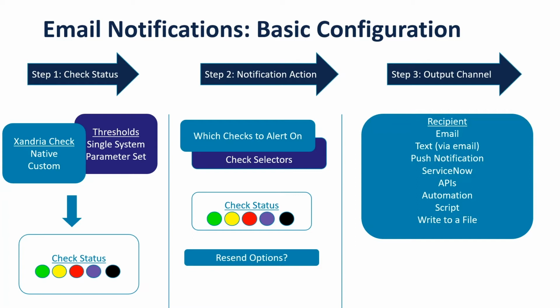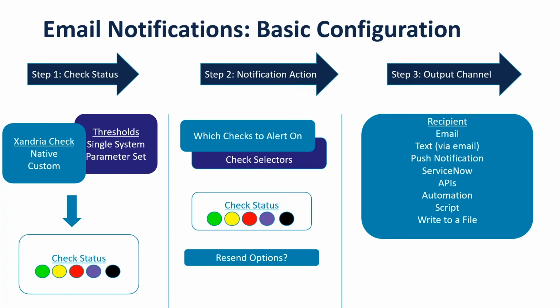Then there is the output channel. Now the output channel can be an email, a text via email, a push notification to the Avantra app. It can be setting something up in ServiceNow. It can be pushing out different APIs to third-party solutions or homegrown solutions. It could be working on some of the SAP automation or cloud action automations.